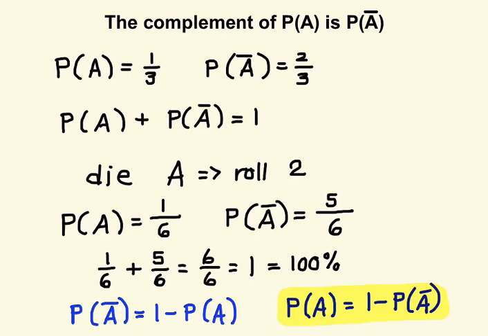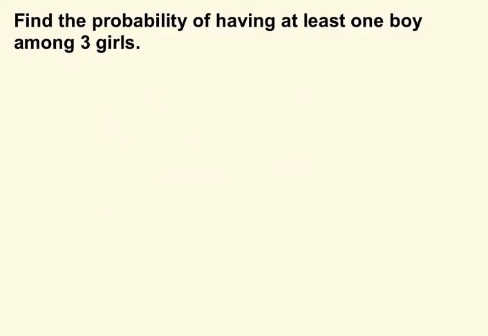So we're going to take a look at the following probability. Find the probability of having at least one boy among 3 births. Let me fix this. Among 3 births. So there are going to be 3 births, and each birth has a probability of having a boy or a girl.